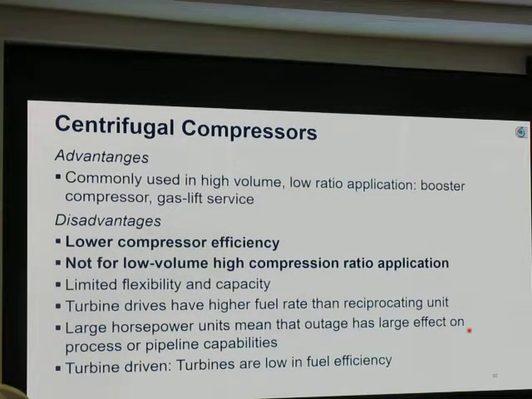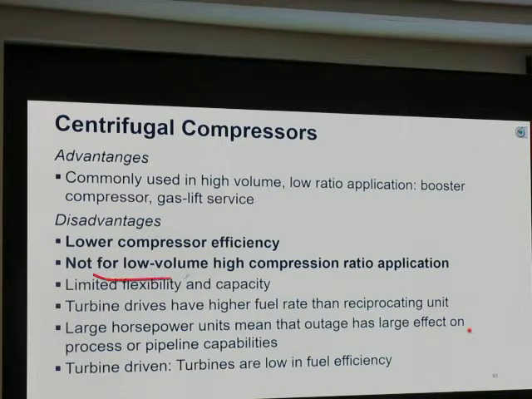So by now you should know that, okay, screw compressor can handle dirty gas. Okay, it's used in vapor recovery unit. If we do high volume, like gas lift service, we use centrifugal compressor. It has lower compressor efficiency because we spin it and convert from kinetic energy to increase the power.